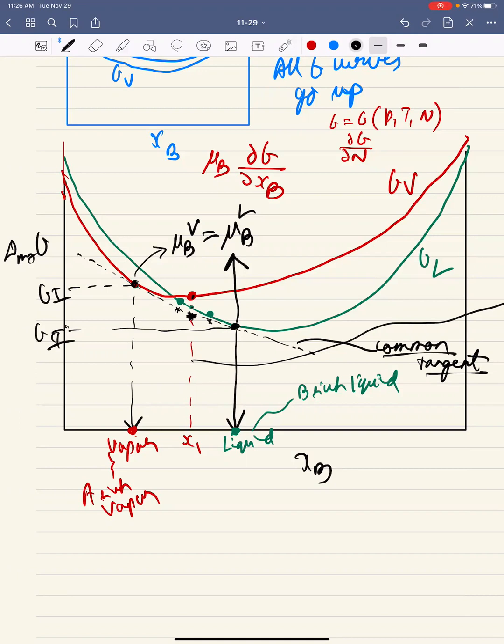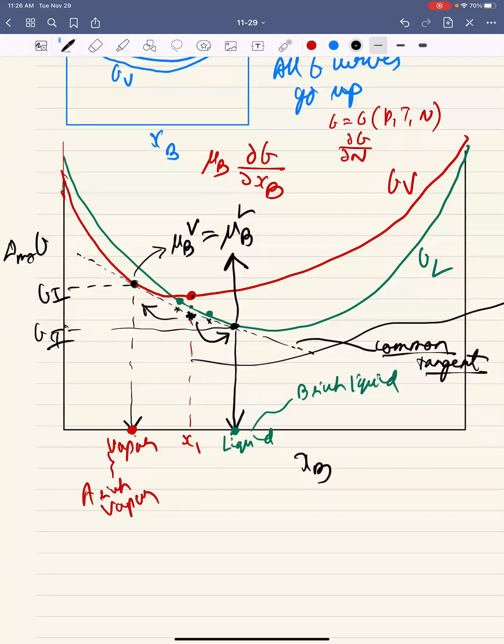At this point, the system goes into two separate phases. It goes into a vapor, which is relatively richer in A, and a liquid which is relatively richer in B. This is for this particular intersection of the two curves. You could imagine some other intersection, but the same idea will apply.